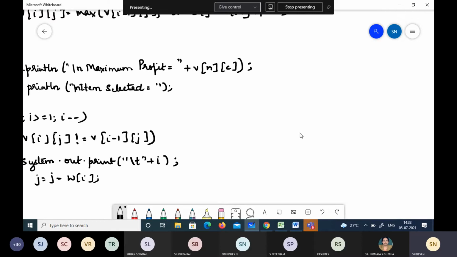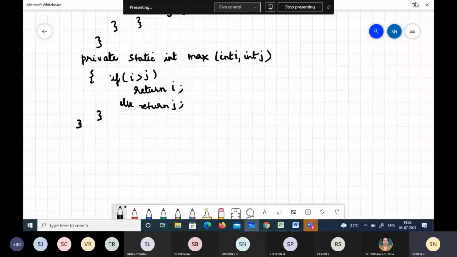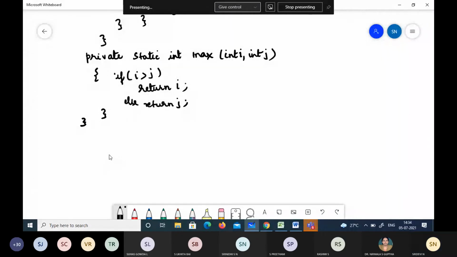So the sixth A program was nothing but 0/1 knapsack with dynamic programming, and we have completed that. Today we'll discuss the Bellman-Ford algorithm. What is this Bellman-Ford algorithm?